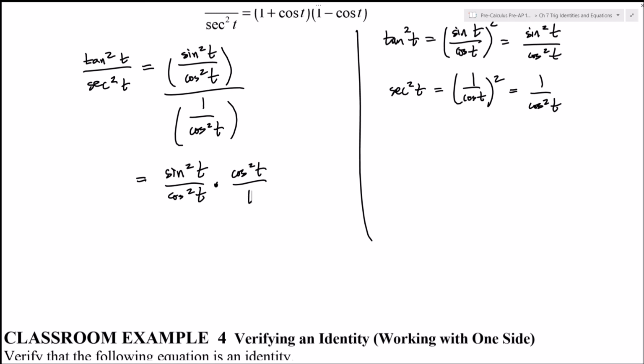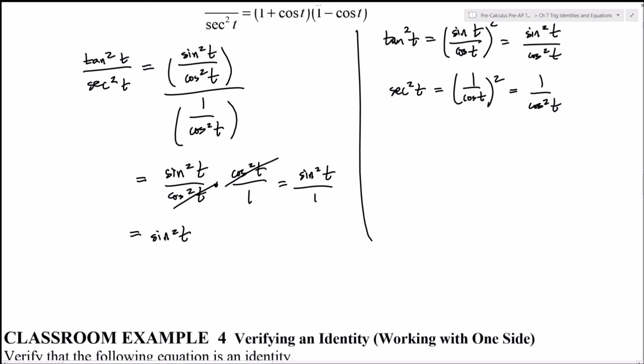Once we multiply, if there are any common factors, we can cancel those out. But you can go ahead and cancel out common factors before you do the multiplication step. In this case, we see cosine squared t is a common factor. They're going to end up canceling out anyway, so we can cancel them out now. And you end up getting sine squared t over 1, which simplifies to sine squared t.